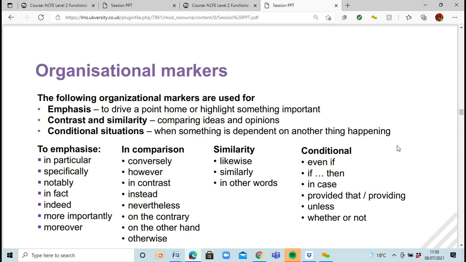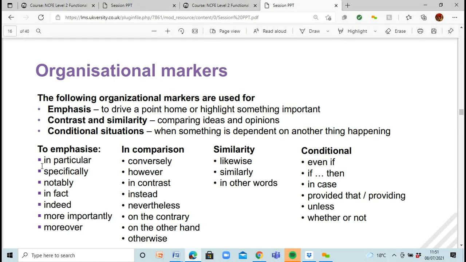And there are some to emphasize, to make sure you highlight a certain point, an important point. To compare ideas and opinions, contrast and similarity, and conditional situations to show that there is something dependent happening because of something else. So to emphasize are words like in particular, specifically, notably, in fact, indeed, more importantly, and moreover.